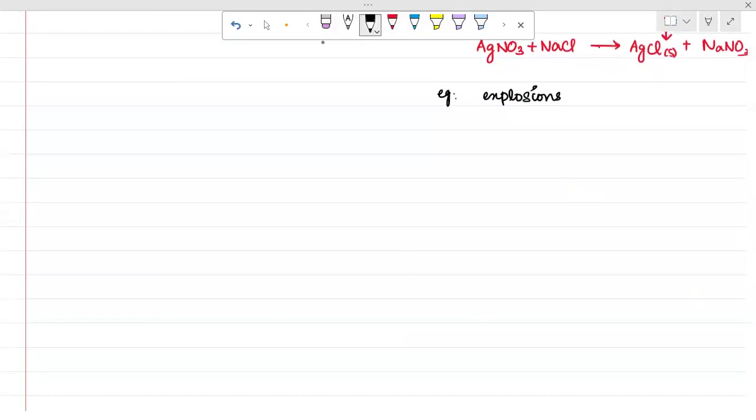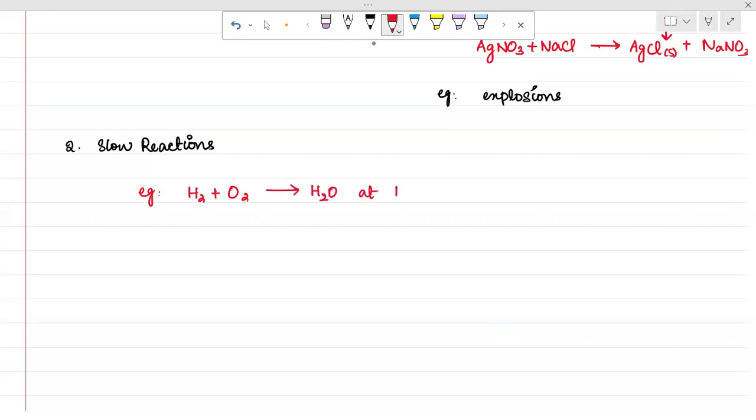Next one, note down, two: very slow reactions. Slow reactions happen very slowly, of course. For example, note down the examples. Combination of hydrogen along with oxygen O2 to form water at room temperature.